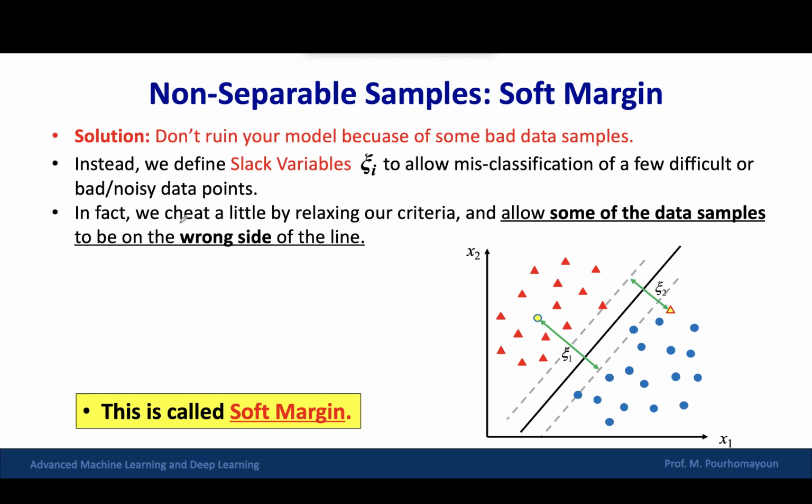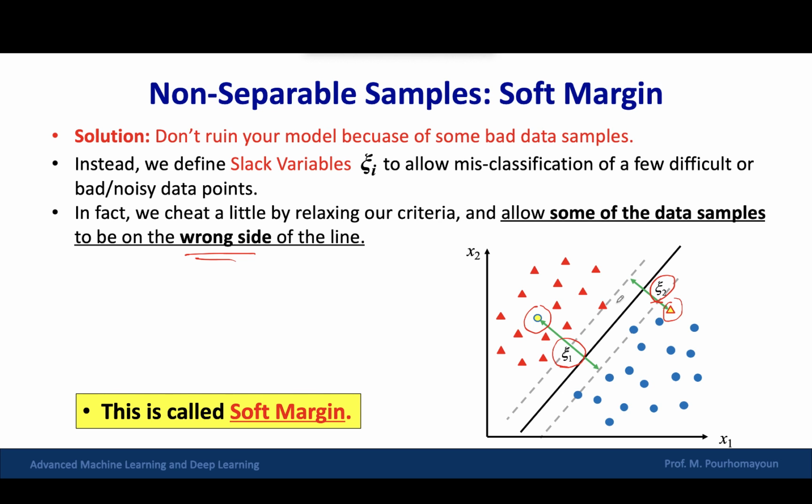In fact, we cheat, right? A little, by relaxing our criteria and allowing some of the data samples to be on the wrong side of the line. Some of the data samples like this guy and this guy, we let them be on the wrong side of the line. By how much? By this much, okay? By the value of a slack variable.